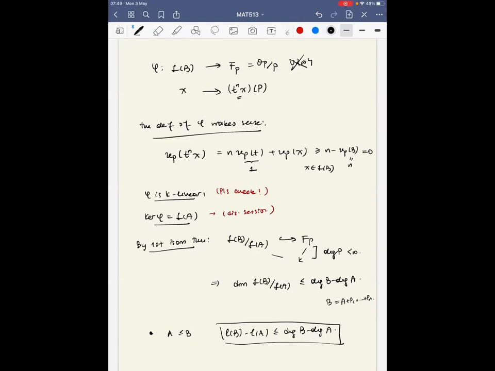So the question is: when do we have equality, or when do we have strict inequality? For which pairs of divisors is this bound tight?